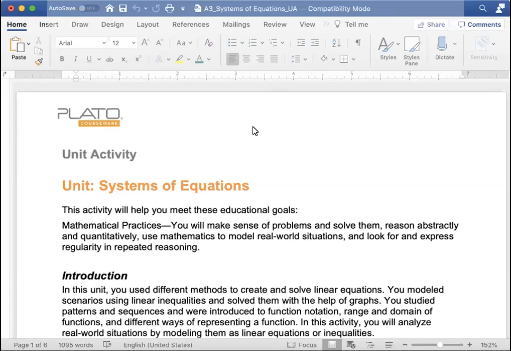So this is for integrated or liberal arts math. I don't remember which one it is. Hold on. Part A, Unit 3.